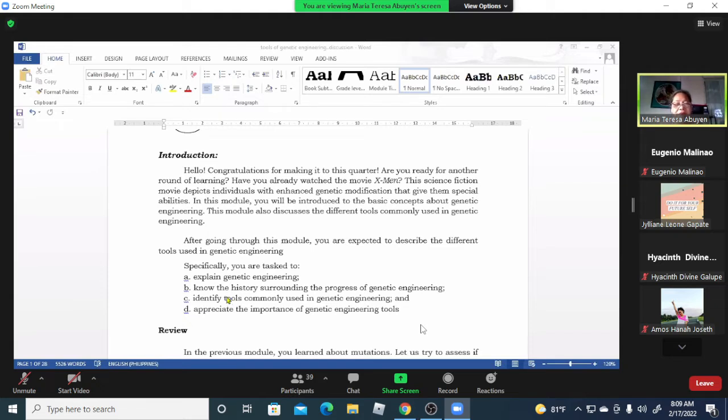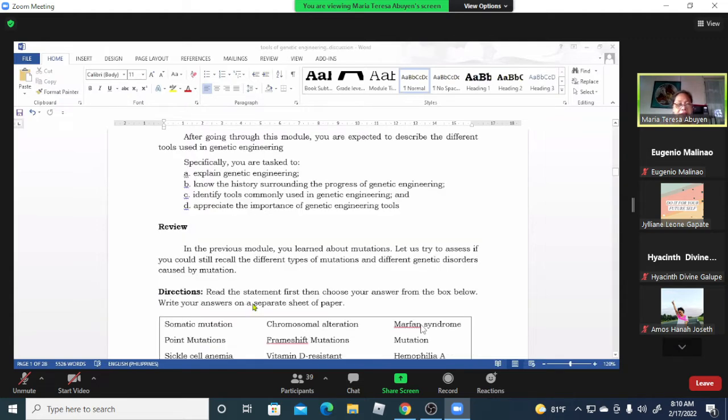Another objective is to know the history surrounding the progress of genetic engineering. Another is to identify the tools commonly used in genetic engineering, which is the highlight of today's discussion. And the last one is to appreciate the importance of genetic engineering tools. Again, we will be guided by these objectives throughout the lesson.